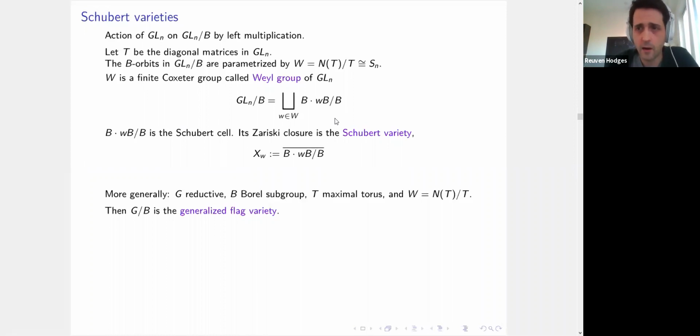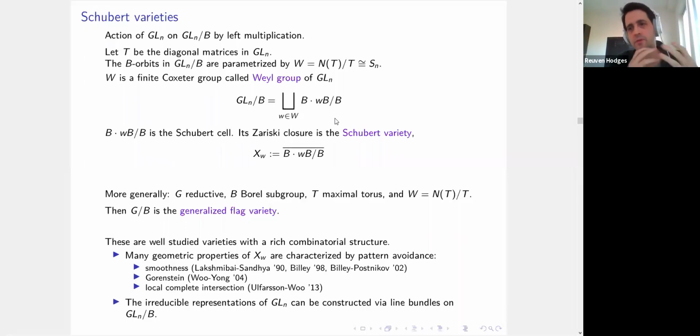In fact, almost everything, maybe everything I'll say in this talk holds more generally in this G mod B setting, but I'll just talk about the GLN mod B setting for clarity. But pretty much every statement and conjecture that I'm going to make holds in full generality.